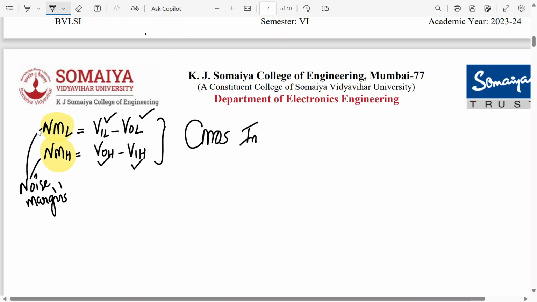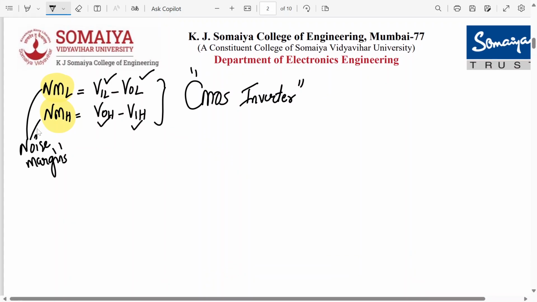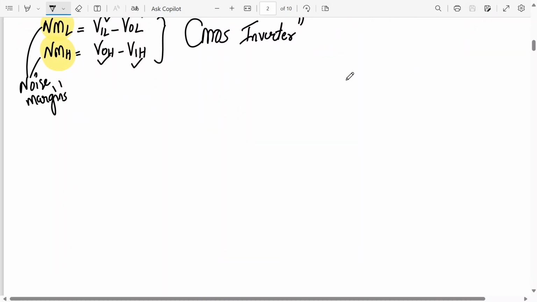So let's start with the derivation straight away. VIH we have already studied. Now let us concentrate and start with the derivations for these 4 parameters. Actually we have to derive for only 2, because VOH and VOL are very simple, it will complete within 2 minutes.